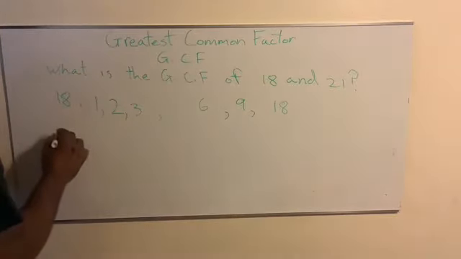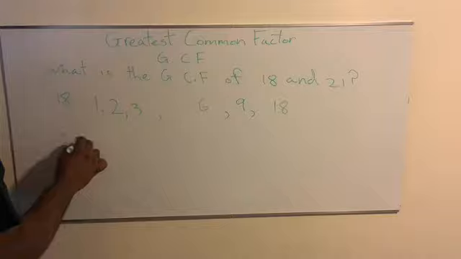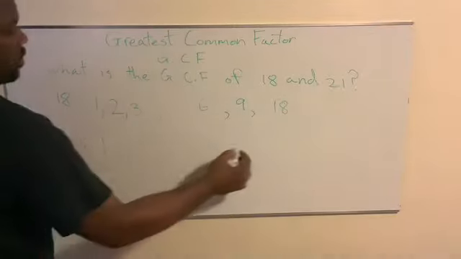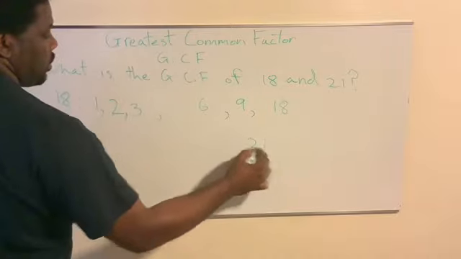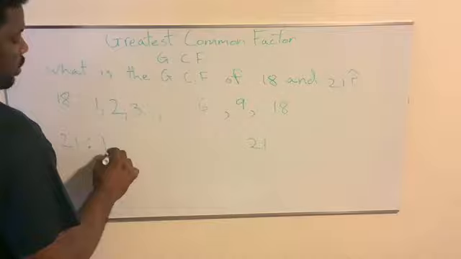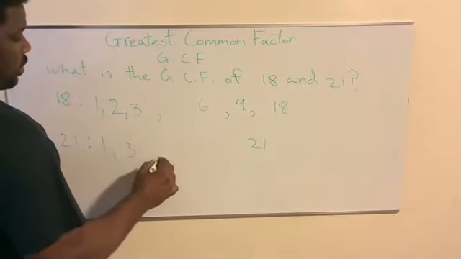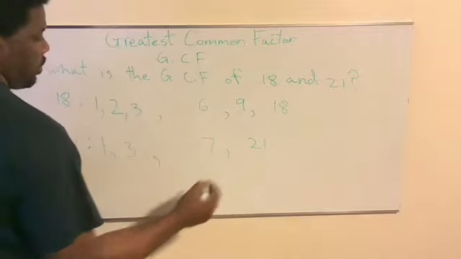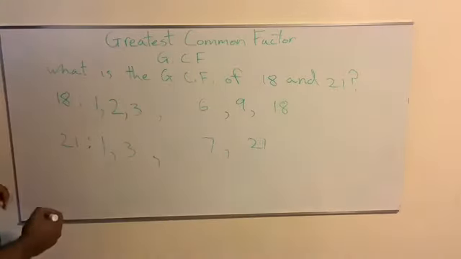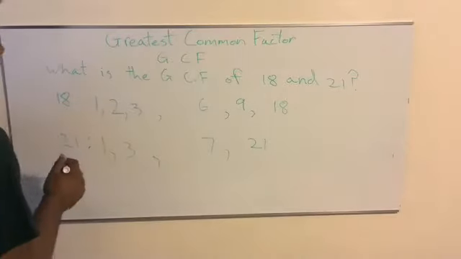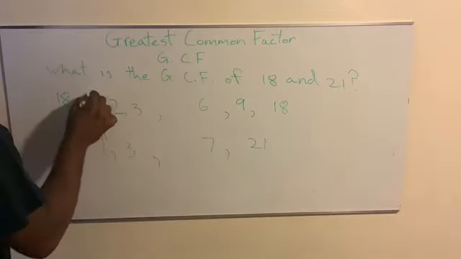They're the factors of 21. 1, 21. 3 works. And 7. Those are the factors of 21. Now we're going to circle what they have in common. They share 1.